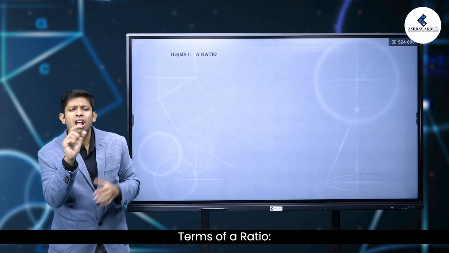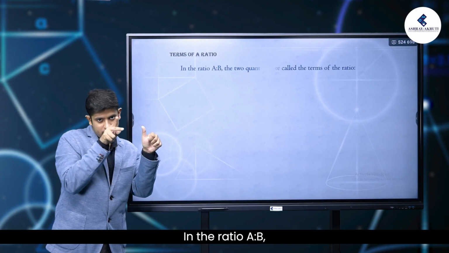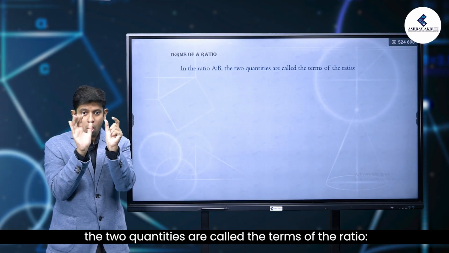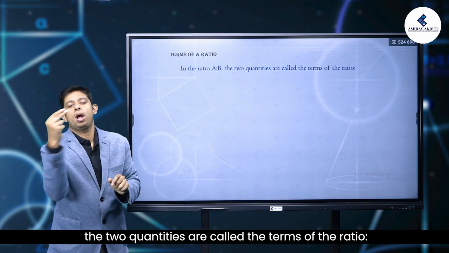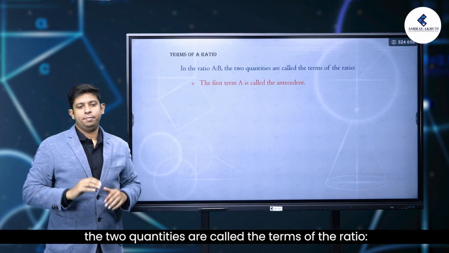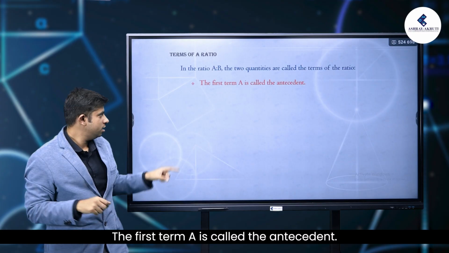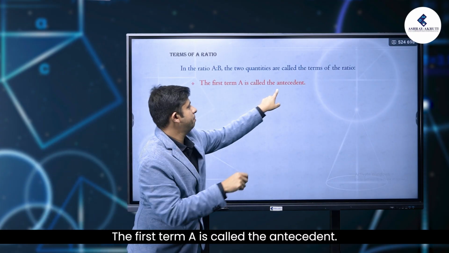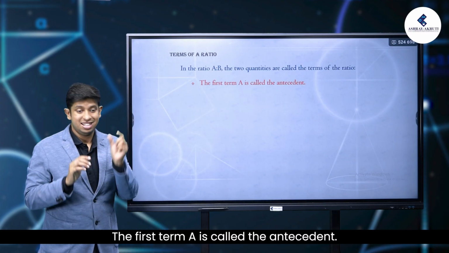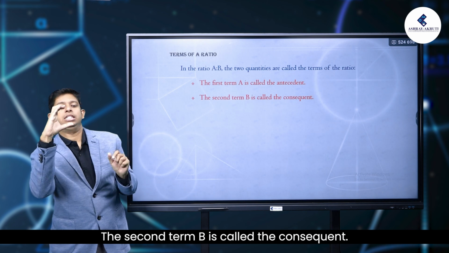Terms of a ratio. In the ratio A:B, the two quantities are called the terms of the ratio. The first term A is called the antecedent. The second term B is called the consequent.